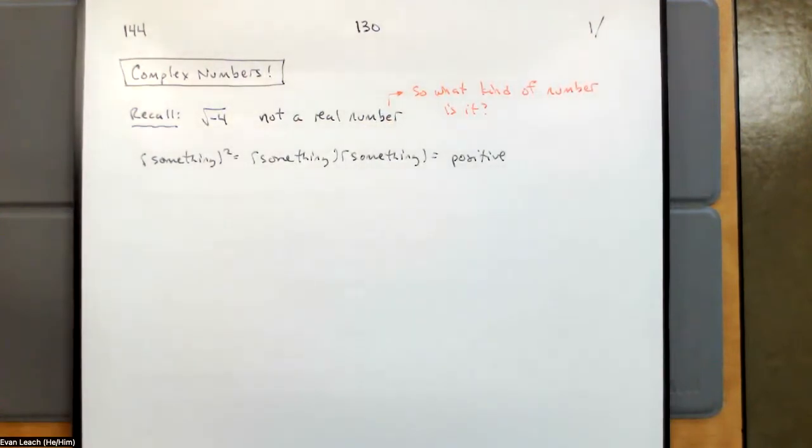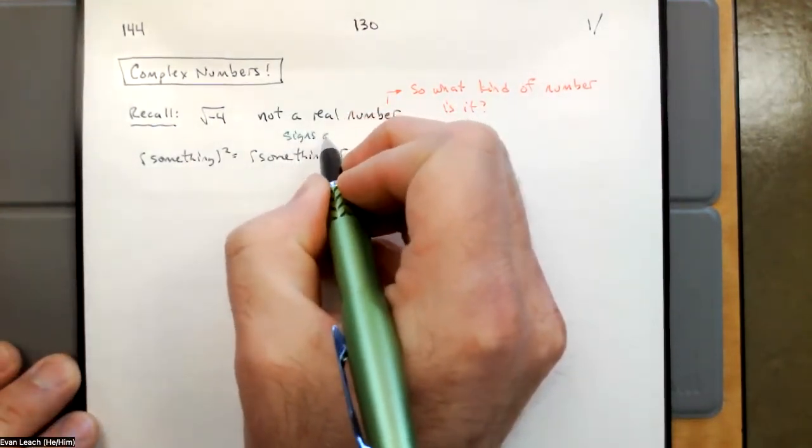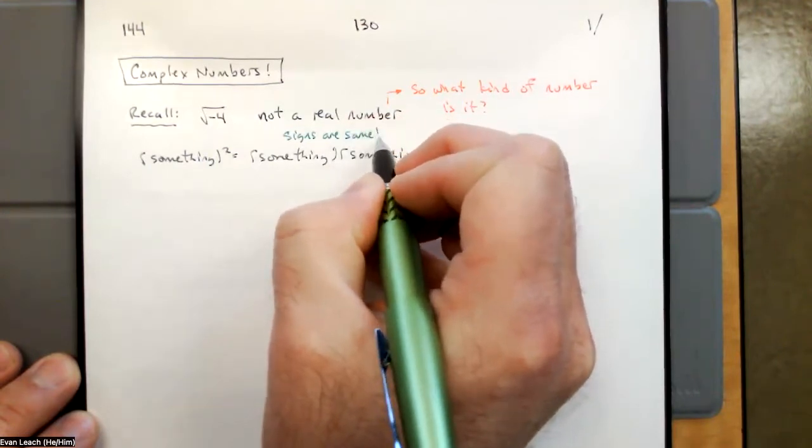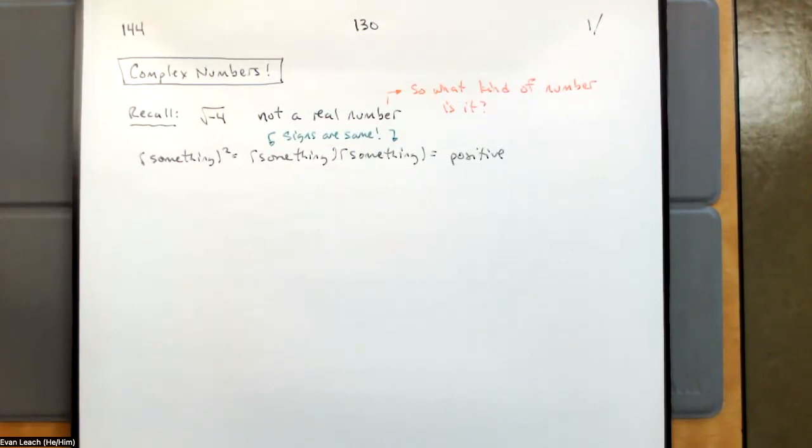Because if we're multiplying something by itself, then the signs have to be the same. But we can't have this thing be positive and negative.